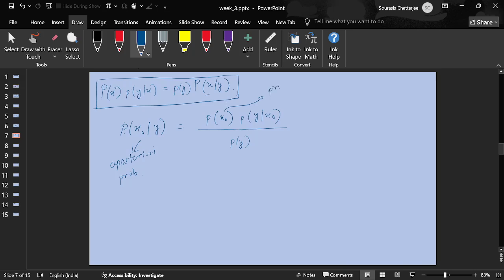Prior. This is the prior probability. And what is this one? This is the likelihood, right? That basically talks about, given x naught is transmitted, what is the probability of receiving y. So you can see the a posteriori probability is the product of prior times likelihood, divided by some marginal probability. We can ignore that.